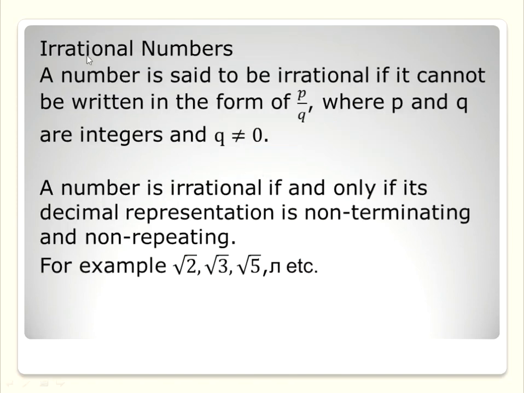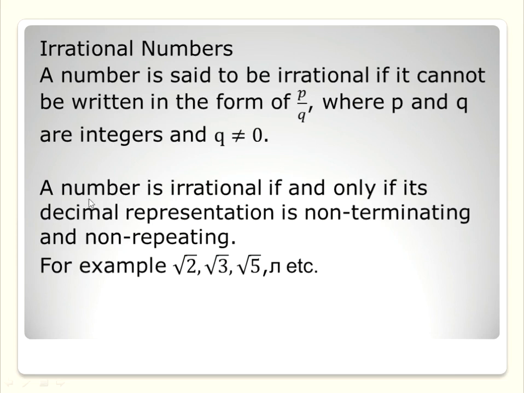Now, what are irrational numbers? A number is said to be irrational if it cannot be written in the form of p upon q, where p and q are integers and q is not equal to 0. This statement we have already discussed in class 9th.